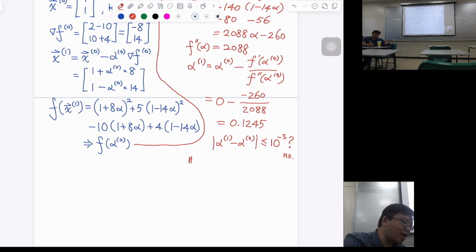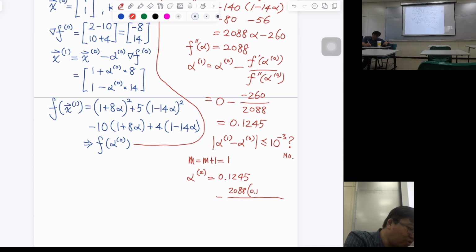So right here, m equals m plus 1. So m equals 1 right now. I move on to the next iteration. So alpha 2 equals alpha 1. Alpha 1 is 0.1245. And then minus 2088 times 0.1245 minus 260 over 2088, right?